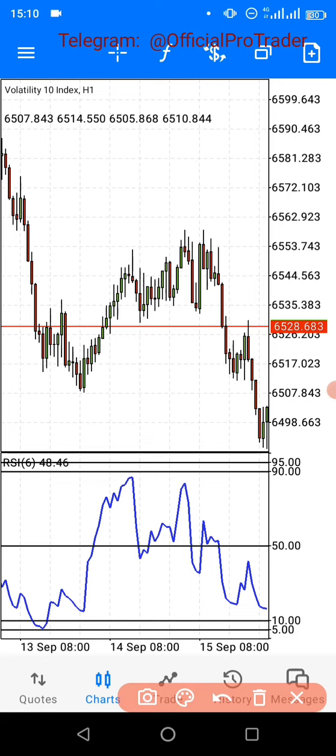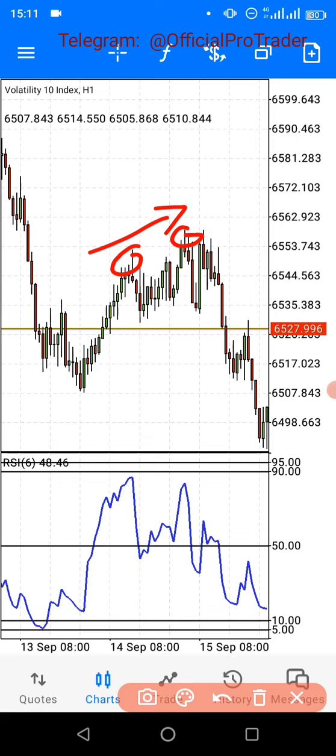You can see that price created a high here, then a higher high, so to the upside, right? Then the indicator on the other hand created a high here, then a lower high, so to the downside. So after that, what happened? It went back, retested that level, and of course it moved to the downside.